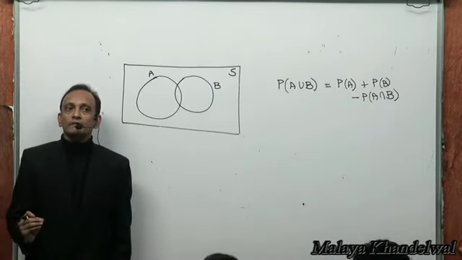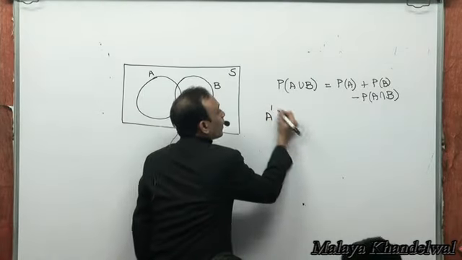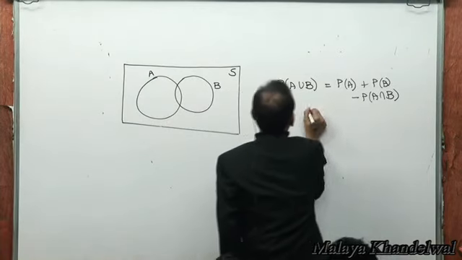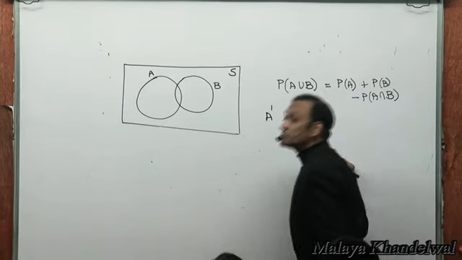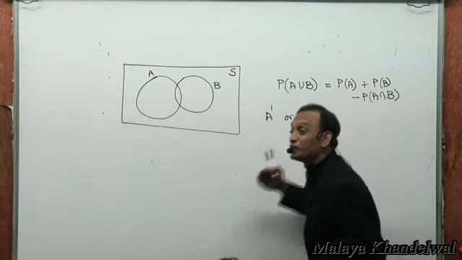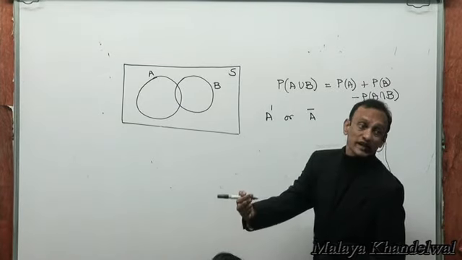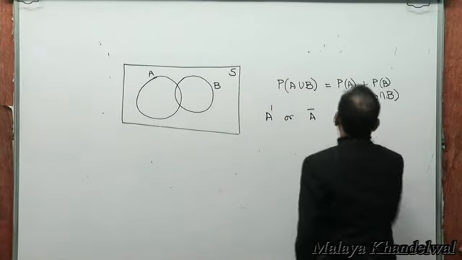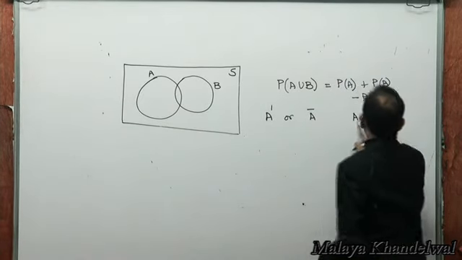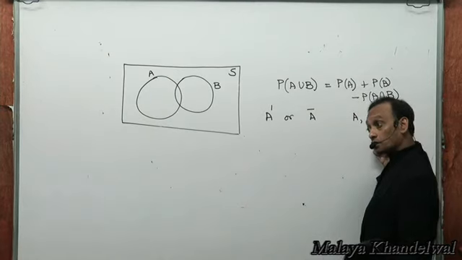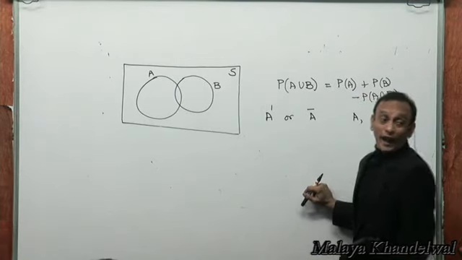Now we have a scenario where A prime or A bar is like an event in which A does not occur. A prime means A not occurring. And so A and A prime, this is like A occurring, this is like A not occurring. Do you realize they are mutually exclusive events? They cannot happen simultaneously.